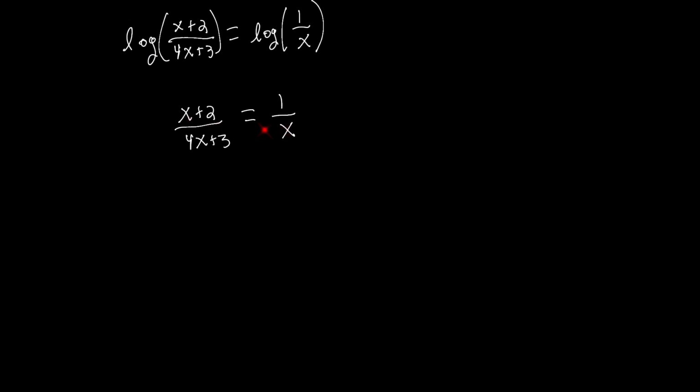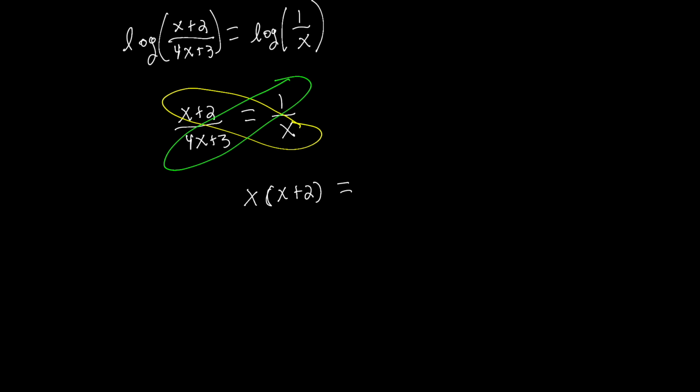I have a proportion, and whenever I have a proportion, I can cross multiply. So first, I'm going to multiply the x with x plus 2. So I get x multiplied with quantity x plus 2. And on the right-hand side, I'm going to multiply the 1 with the 4x plus 3.